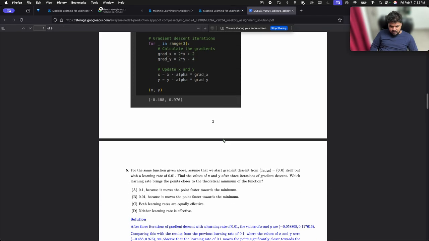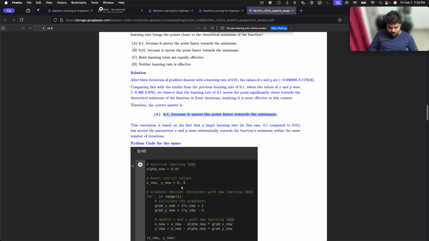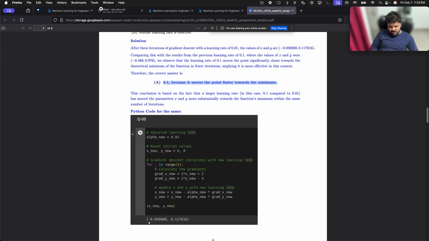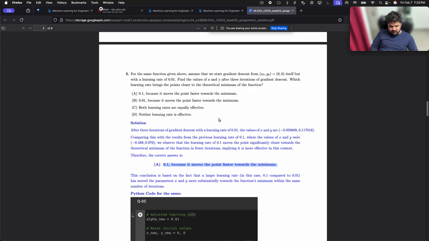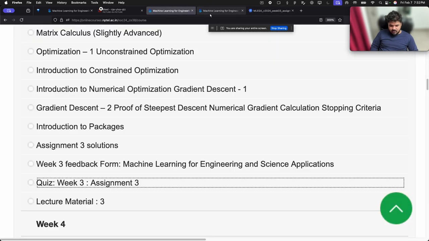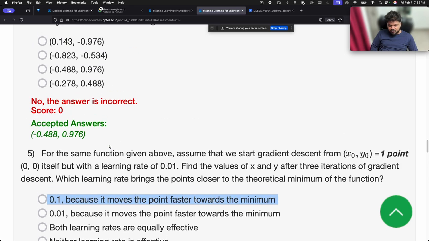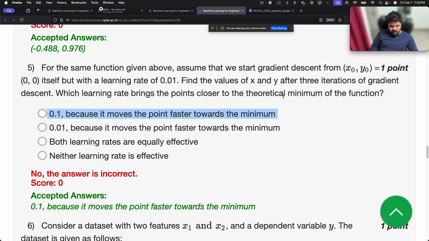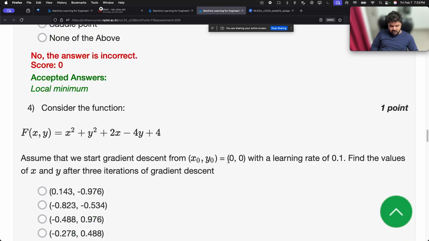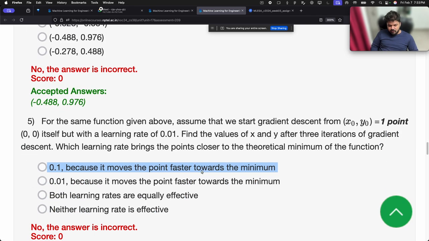With 0.1, obviously it moves faster towards the minimum, but for 0.01 the values will be minus 0.05 and 0.11. The values have been computed, but the answer is simple as that. So obviously 0.01 does not oscillate the loss, otherwise it will move faster towards the minimum.